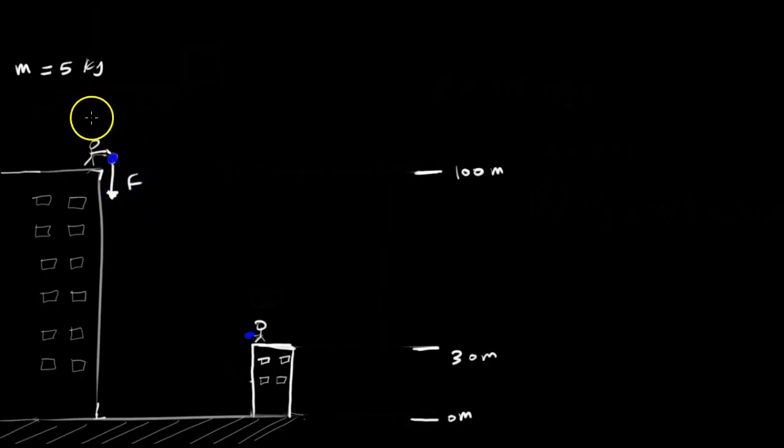So let's call this object 1. The force on the ball from the ground is G on 1, and the force that the first bowling ball exerts on the ground is the same exact force.